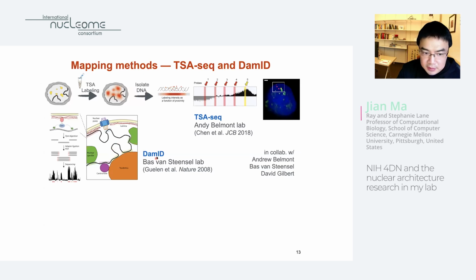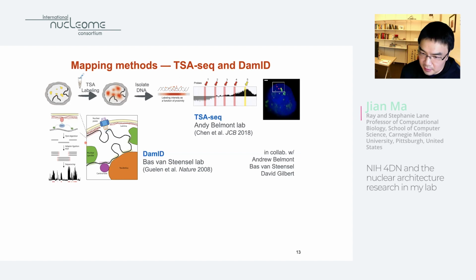There's another, older technology, DamID, developed by Bas van Steensel's lab, which is based on the creation of a fusion protein consisting of Dam and a chromatin protein of interest. So, for example, if you use lamin B, then by sequencing you will be able to generate these maps to measure the contact frequency between chromatin and the chromatin protein of interest, because Dam methylates the A in the sequence GATC.